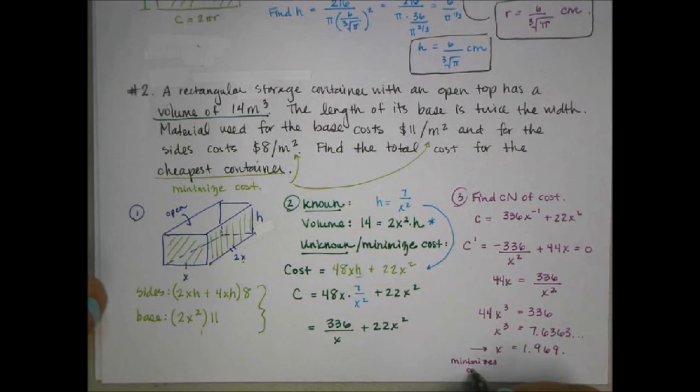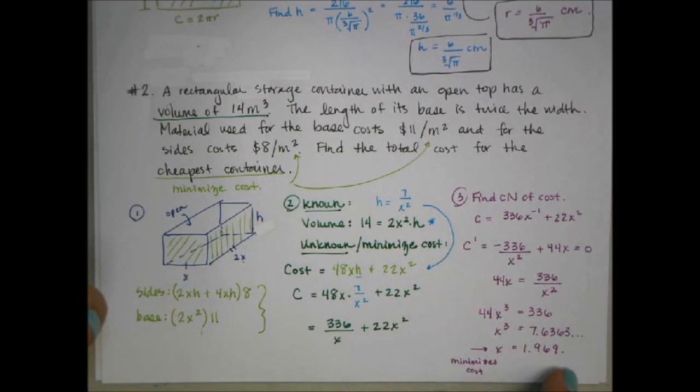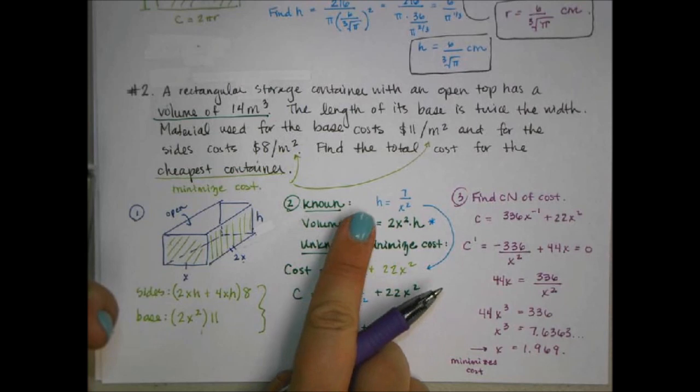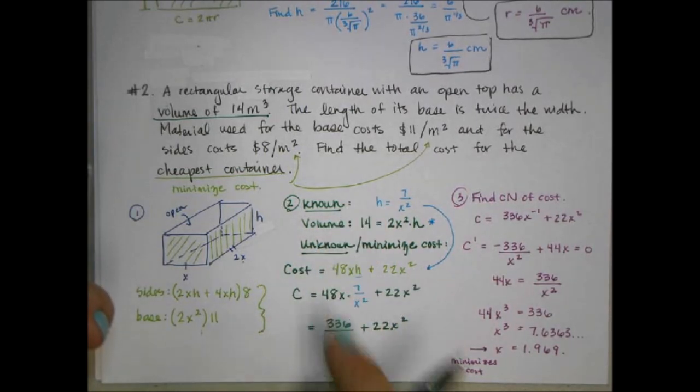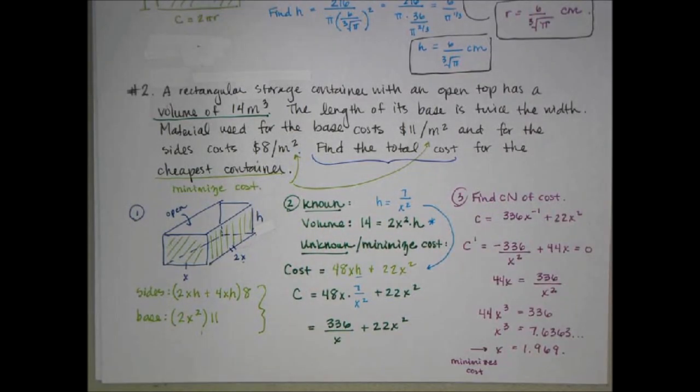So this is the width of the base, and the length is double. And then we could plug that back in and we could find the height. But none of these things are what the problem asked us to find. The problem asked us to find the total cost. So right back here and find the total cost. So my cost function, all in terms of x, was right here at the bottom where we left off.